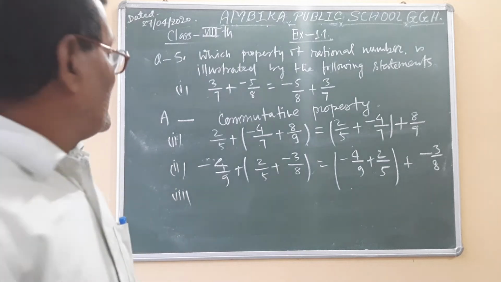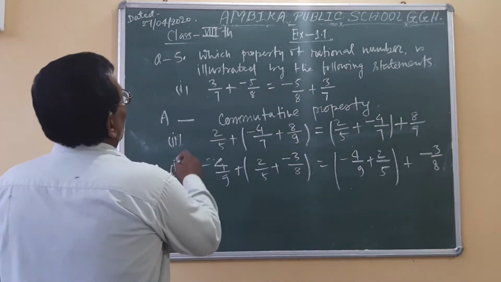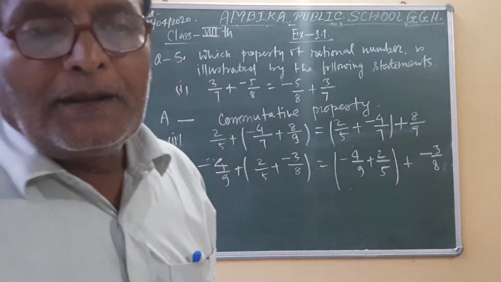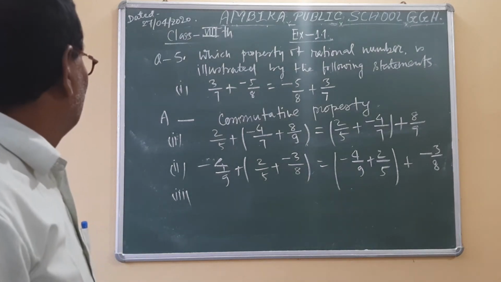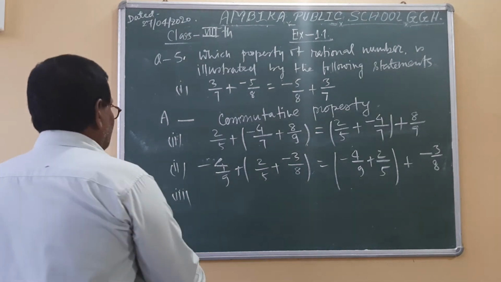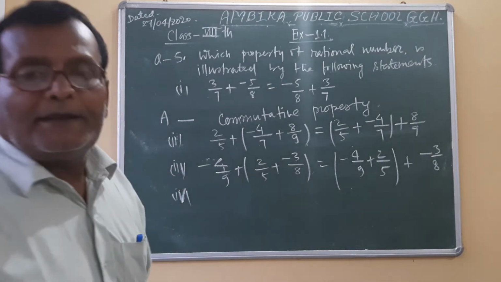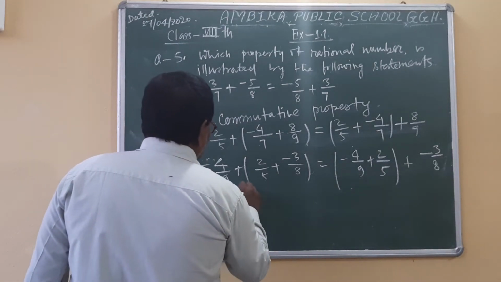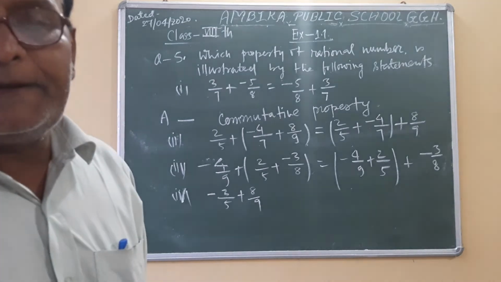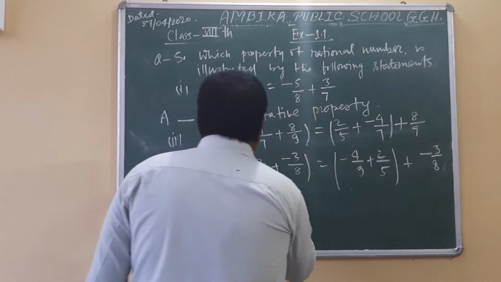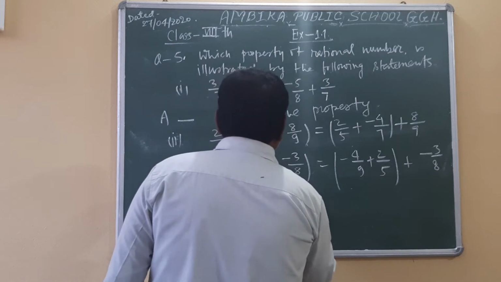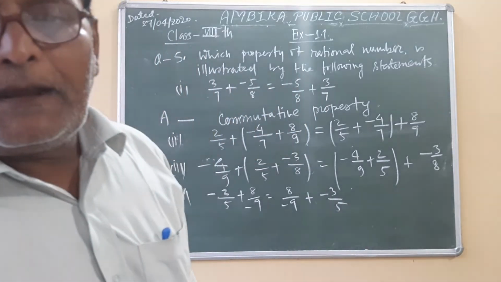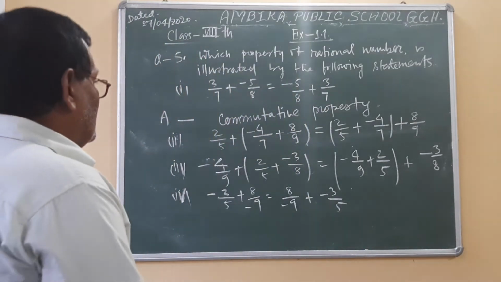And question number 4 is: -3/5 + 8/9 is equal to 8/(-9) + (-3/5).